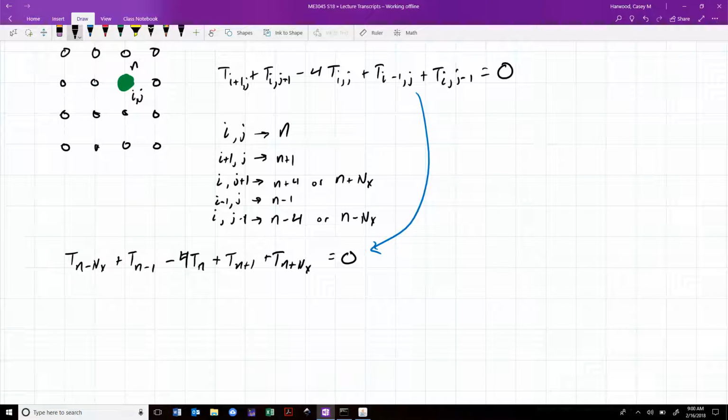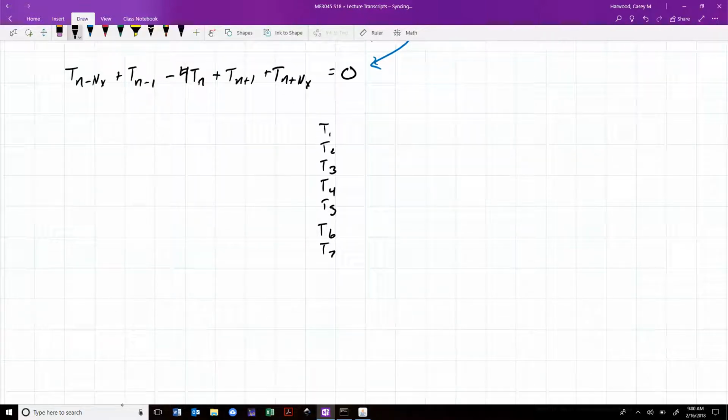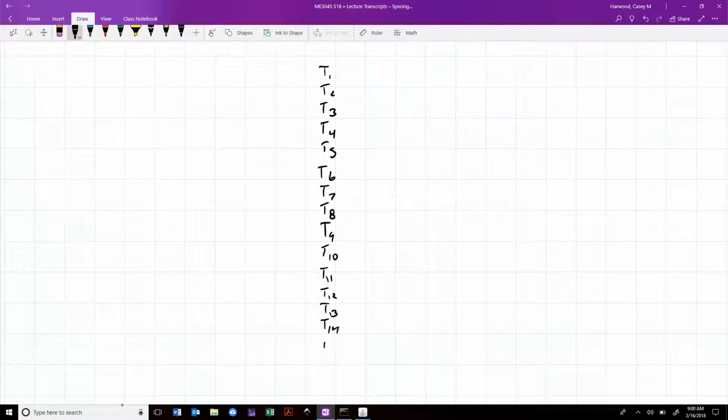So we can write this now as, if we have t1, t2, t3, t4, t5, t6, t7, t8, t9, t10, t13, t14, t15, t16.